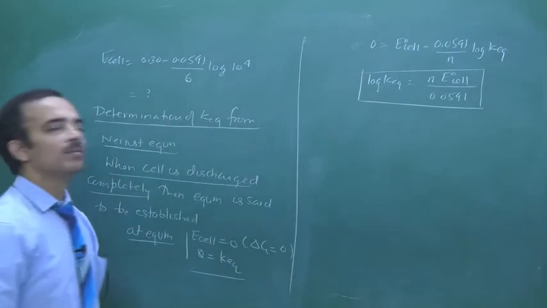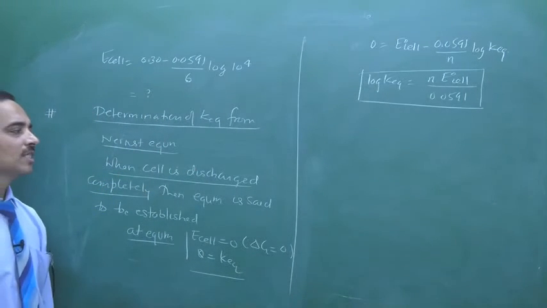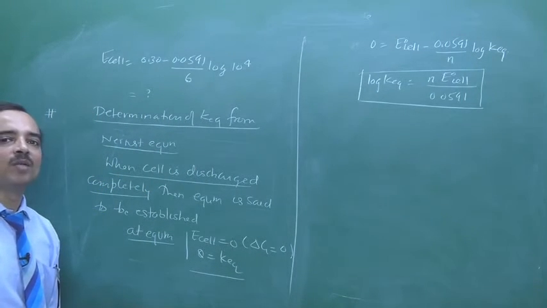This is log K. So this is the formula related to equilibrium constant.